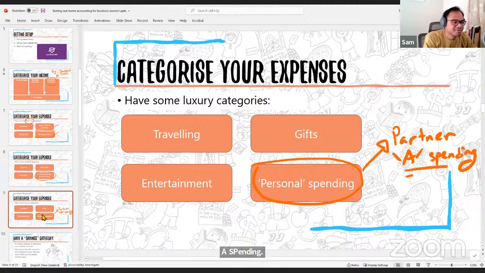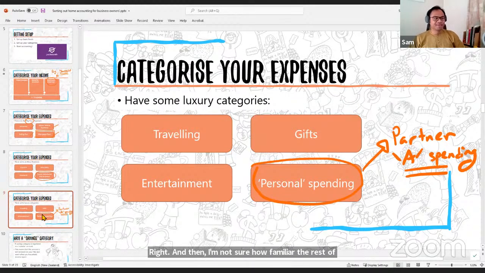And I'm not sure how familiar the rest of you are with the theory of spenders and savers. I think often we'll see that with most couples, there's one spender and then there's one saver, right? And so yes, you could have a special spending account for the spendy partner, and then you can even set limits on that account. You can put a budget on that account, and you can tell them, look, you've already spent your limit for this month. You can't spend anymore.